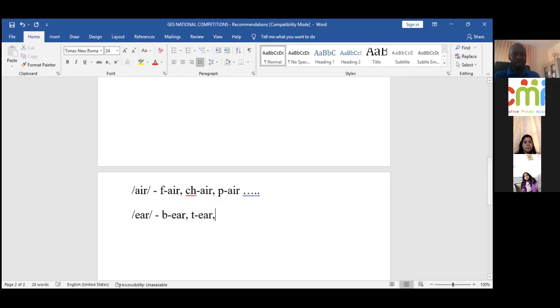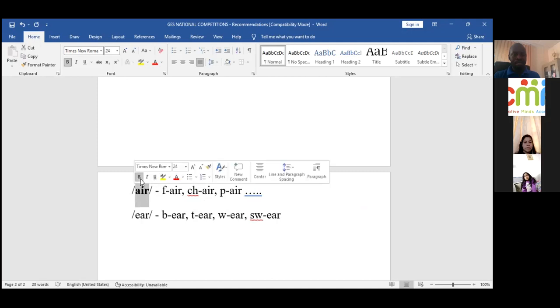Another word with this air sound is the word wear. When you tell the child, please wear your sweater, that is the word wear. But here we are still handling the same sound, the sound air. Another spelling of this sound is ARE.